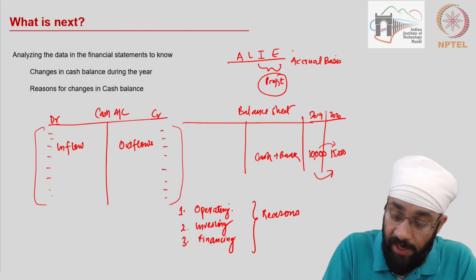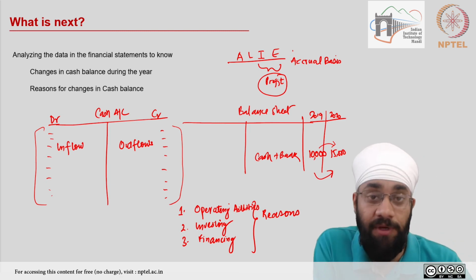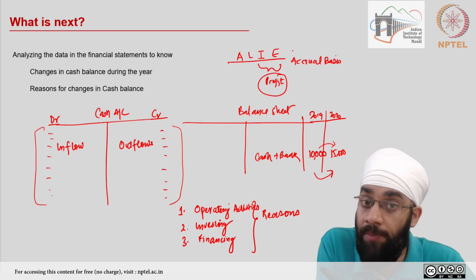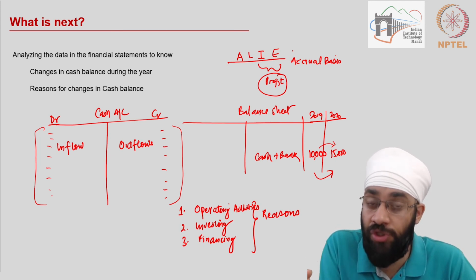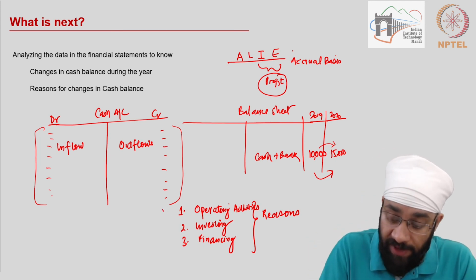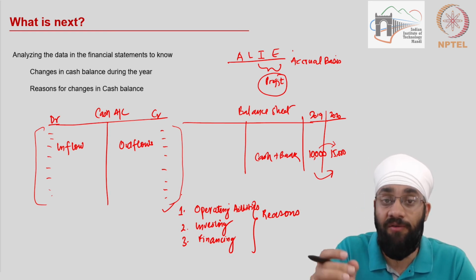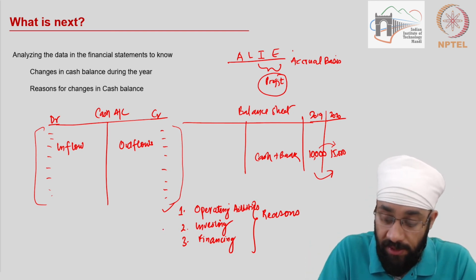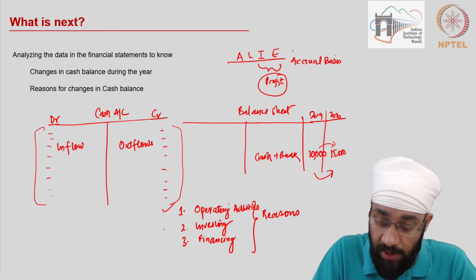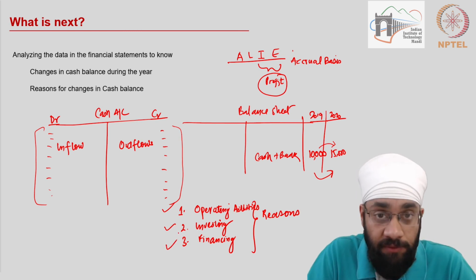Now, operating activities refers to the primary activities of the business, day-to-day functioning, the purpose for which the business was started. If cash comes in or goes out due to these activities, we say the reason of cash flow here is the operating activities. Likewise, there are certain activities which are branded as investing activities, and another category called financing activities.